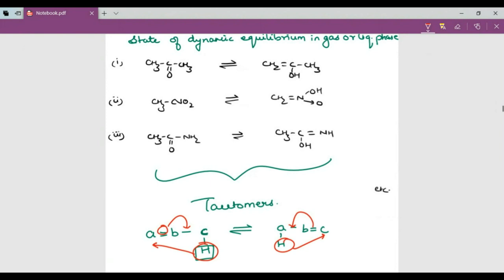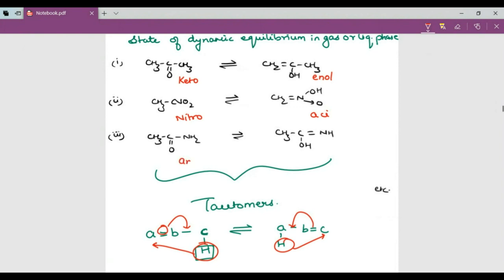Okay, see here, keto, enol. So this is called keto enol tautomerism. This one is called nitro aci tautomerism because they are named on the basis of the functional groups they are having. This is a nitro functional group. This is an aci functional group.